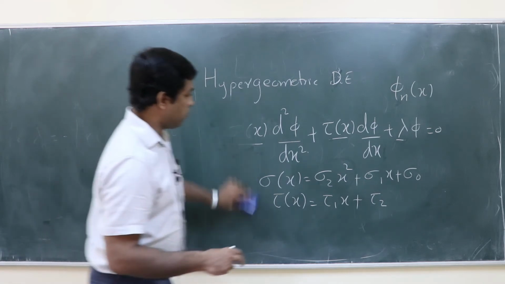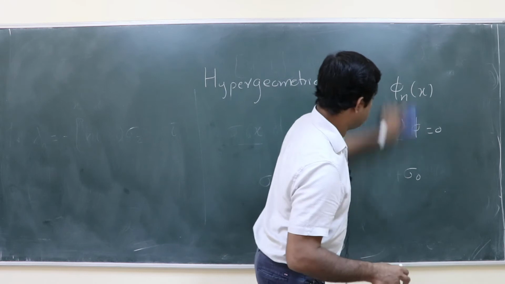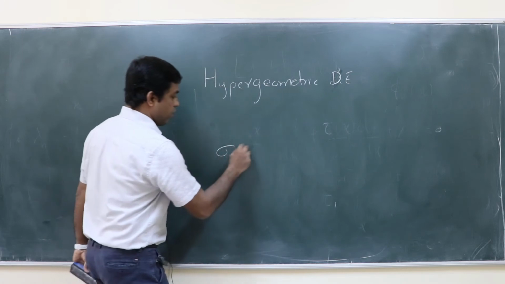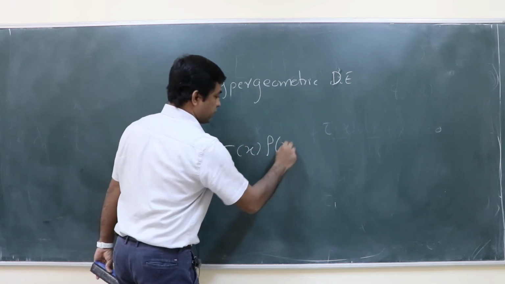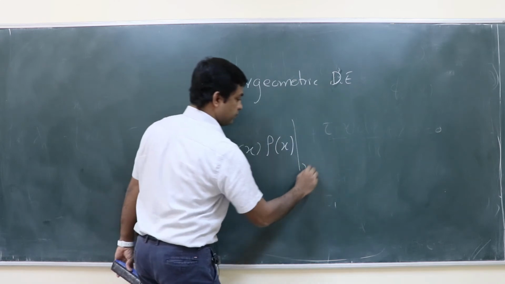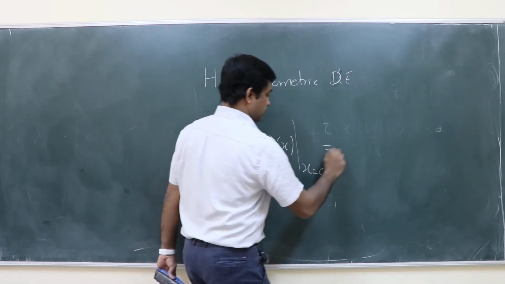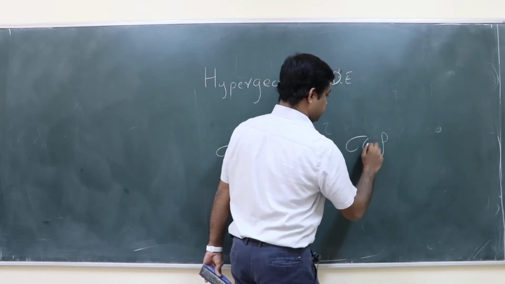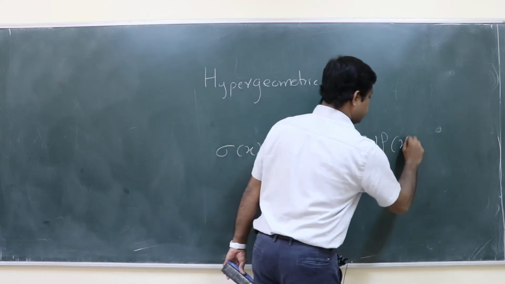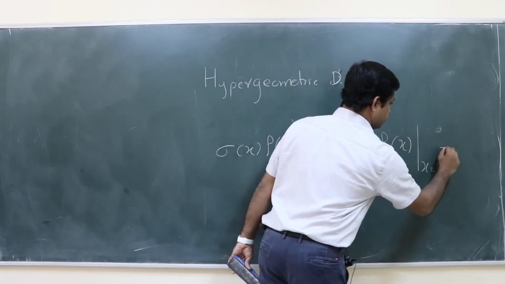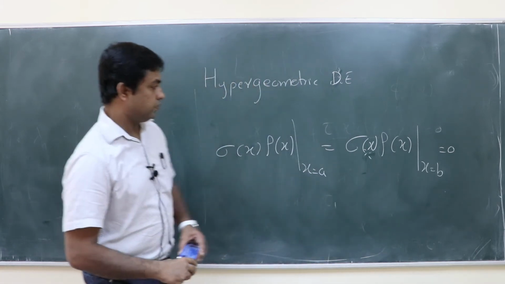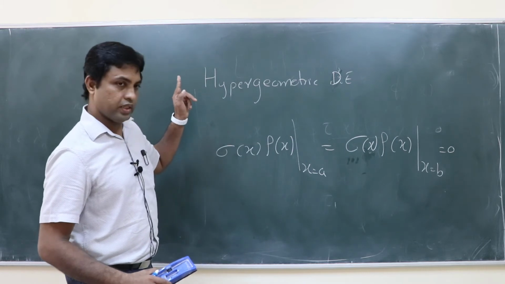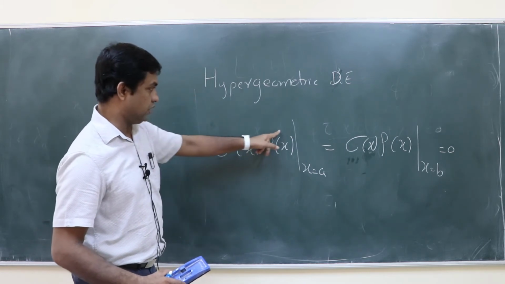The classical orthogonal polynomial is, if sigma of x into rho of x... So sigma of x is the coefficient of the second order differential term d square phi by dx square.